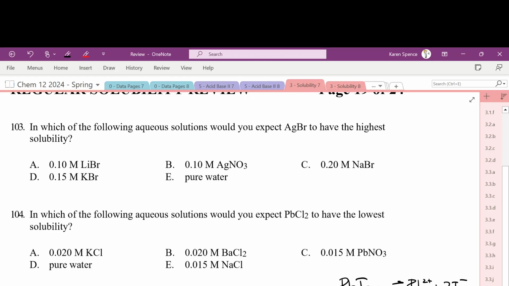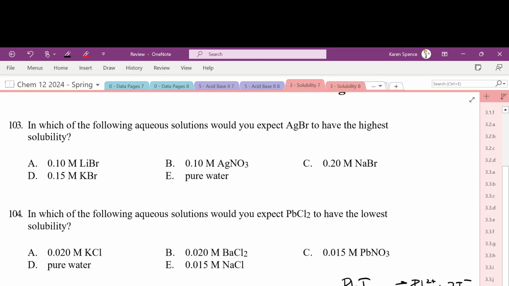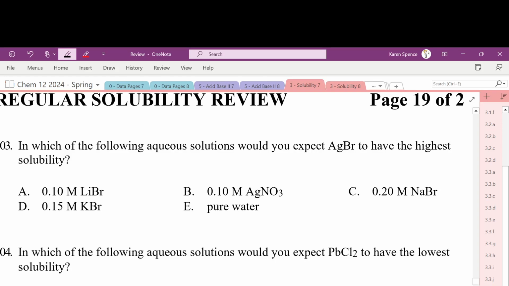103. In which of the following solutions would we expect AgBr to have the highest solubility? So we want that equilibrium shifted to the right. So we don't want anything that has silver or bromide in it, right?